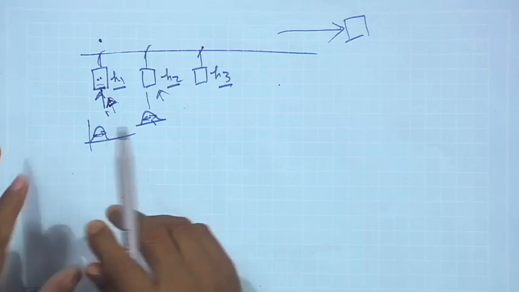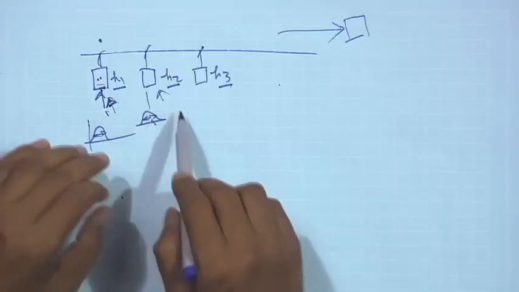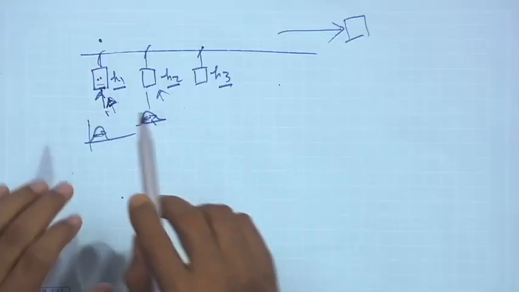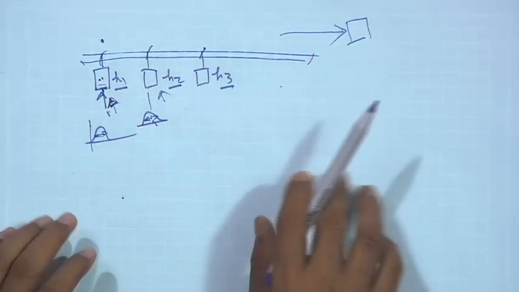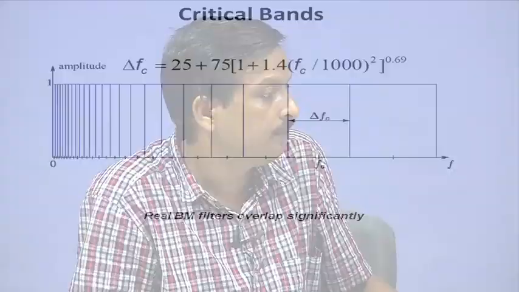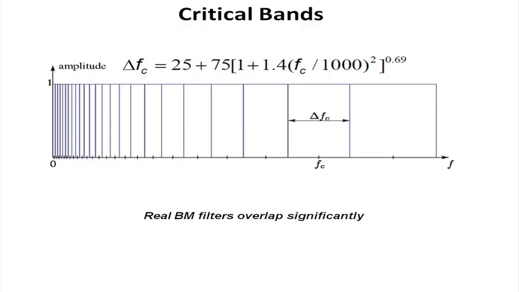Physiologically, I can say the frequency heard by a human being, the sound sensed by a human being, is processed on the basilar membrane, which acts as different frequency tank circuits. And the bandwidth is nonlinear. Then we will come later to how you define this nonlinear scale.